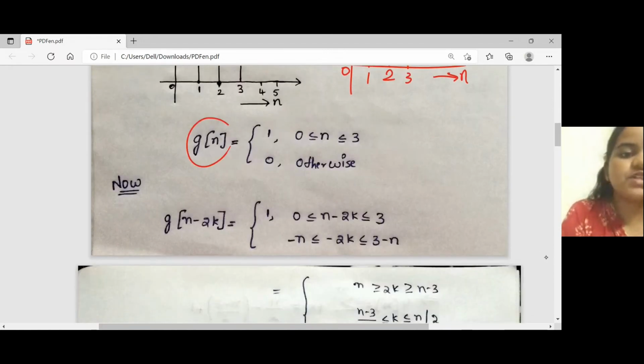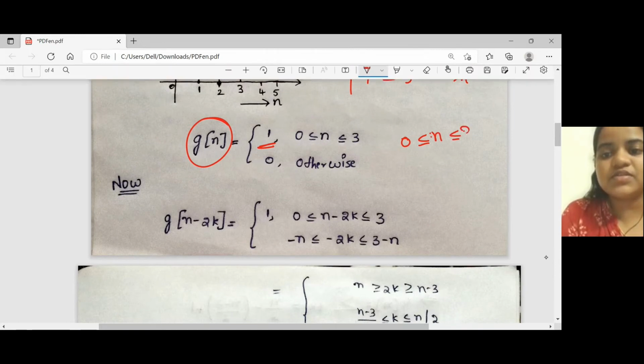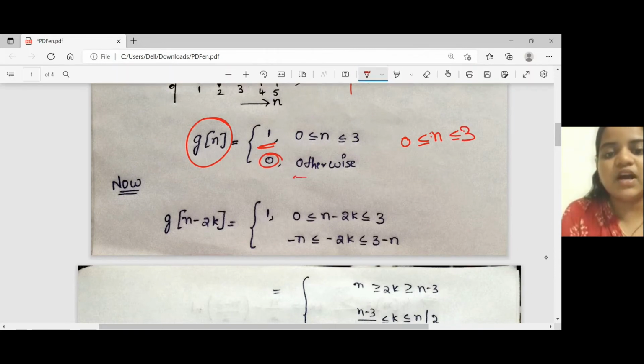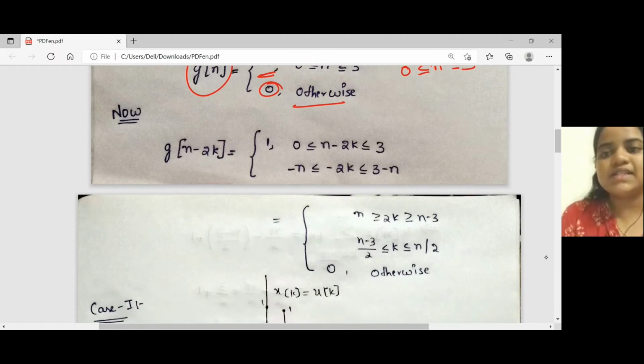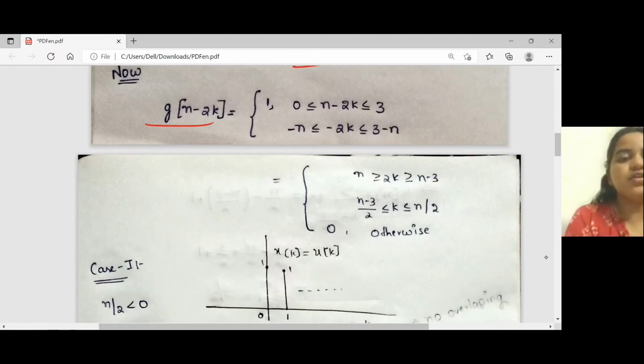From the above graphs, we get the z of n value. That is, z of n is equal to 1 when 0 is less than or equal to n, less than or equal to 3, and 0 otherwise. Now, let's see z of n minus 2k.